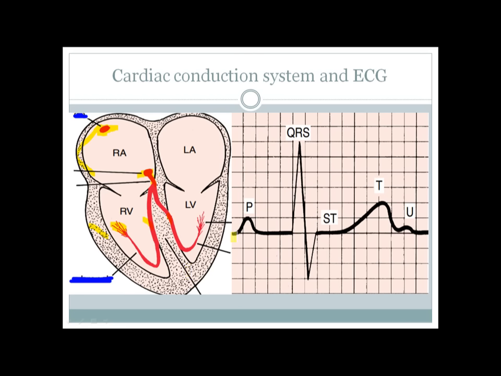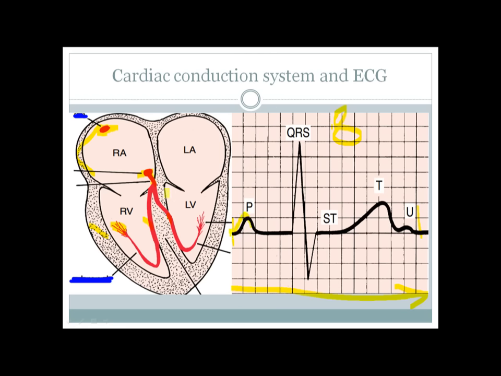This is a graph showing you a single heartbeat. In the horizontal axis you have the time. This is the time for about a single beat, about 0.8 second, and in this 0.8 second a lot of events occur. As I've already mentioned, the first electrical activity occurs in the atrium, and this atrial electrical activity produces a wave called the P wave.